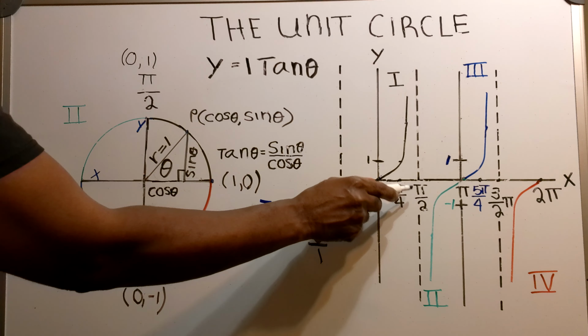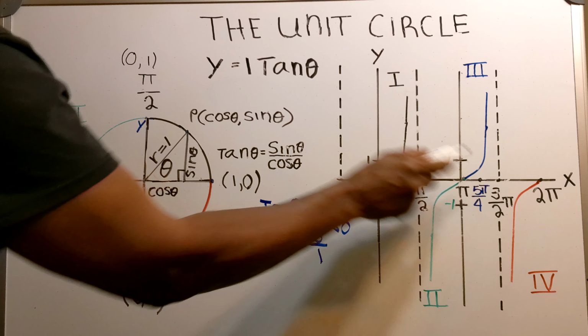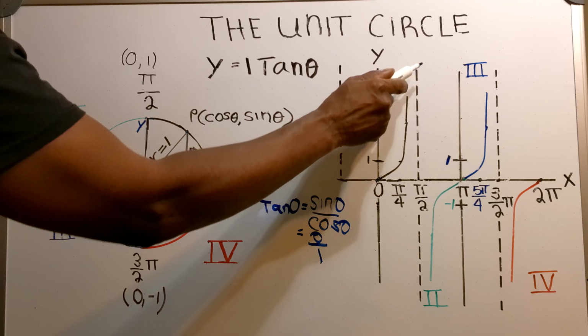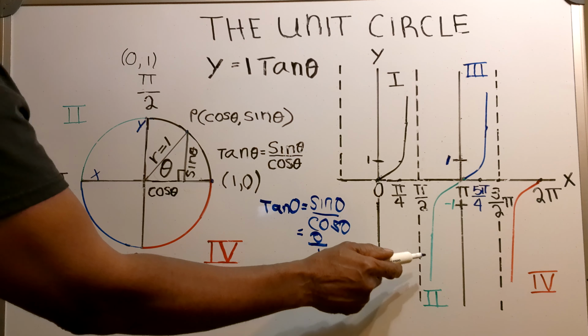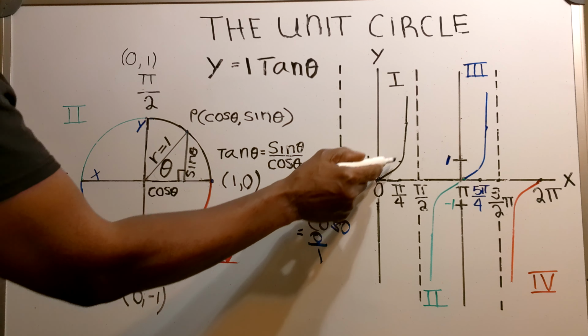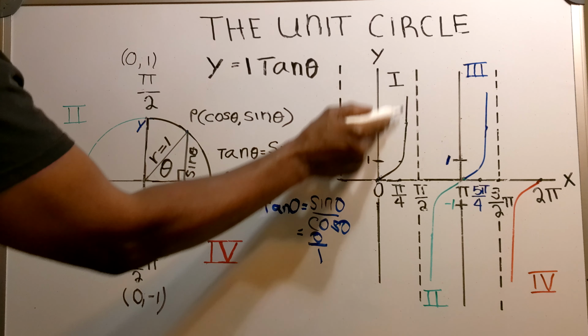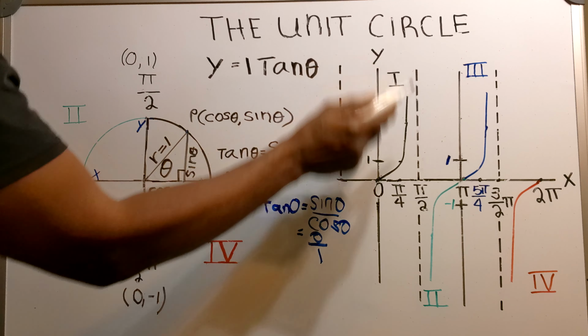And because it never really reaches 1/2 pi or 3/2 pi, the graph itself never really touches these dotted lines. And this side of the graph really goes all the way to infinity.